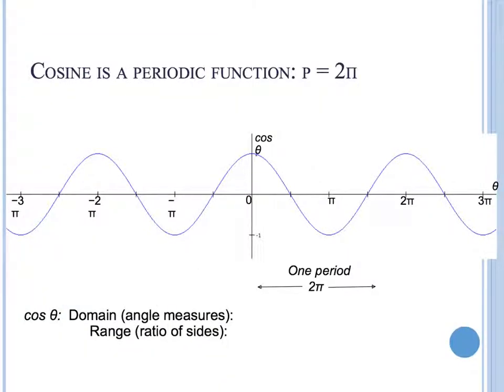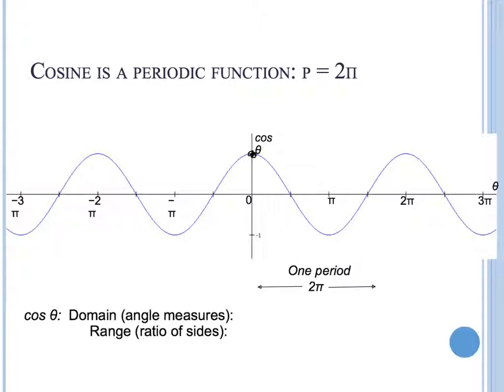And the cosine graph, if we look at it all along the x-axis here, with it repeating over and over again, it looks an awful lot like the sine graph. The only difference is that it's starting on up here at 1.